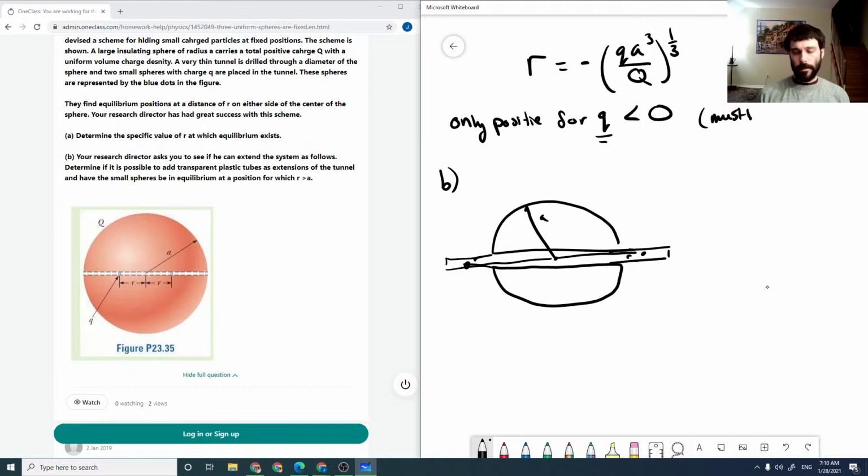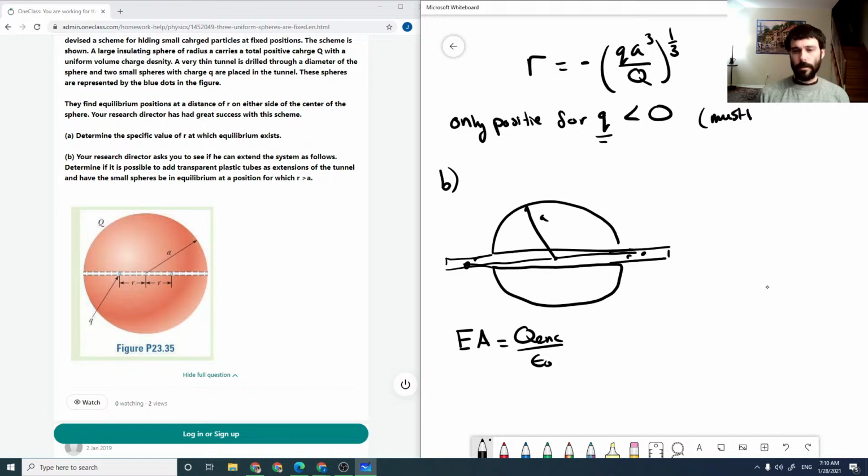So in this case, the only difference is that, again, our E field times our area is the charge enclosed over E naught.